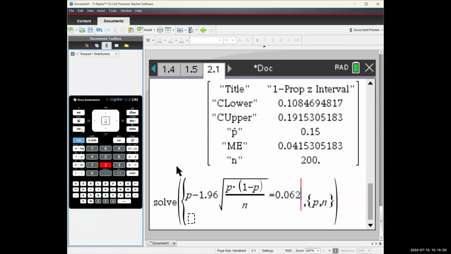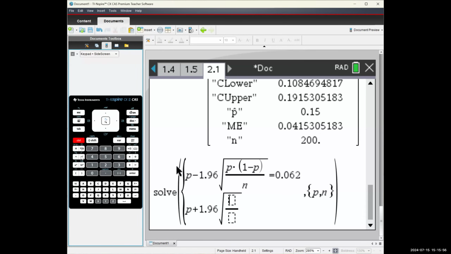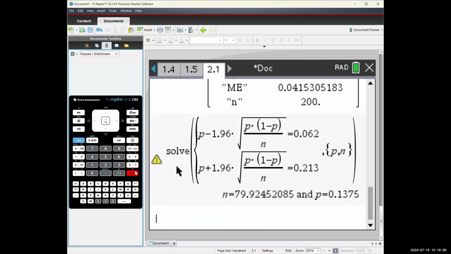And press tab, p plus 1.96 square root. Repeat the process again, p times 1 minus p divided by n equals 0.213. Now press Control Enter. The p value is found to be 0.1375, and the n value is 79.92 something.